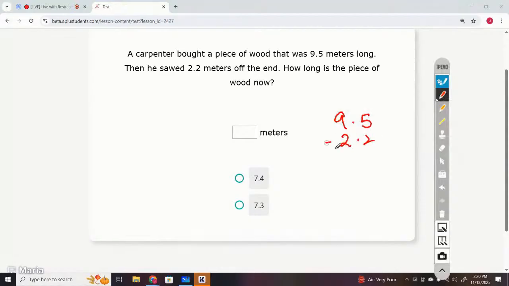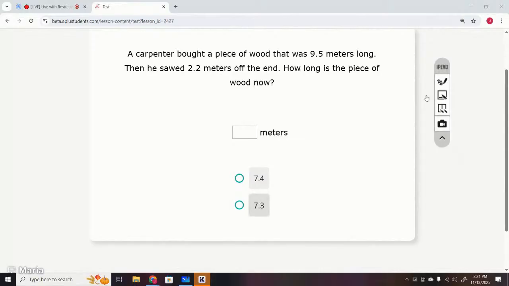So you need to subtract them, 9.5 minus 2.2, right? 5 take away 2 is 3 and 9 take away 2 is 7. So that is 7.3. Option number 2 is the correct option. That means the piece of wood he has left now is 7.3.